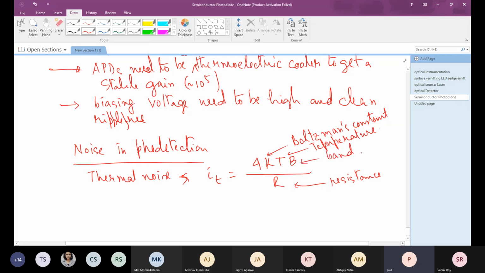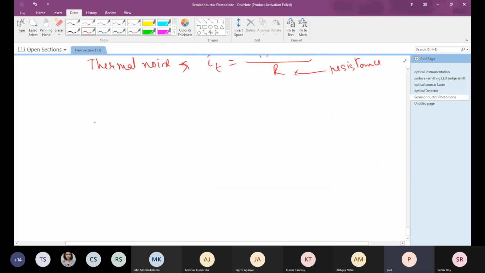More bandwidth means basically the noise will be more. Then there is dark current noise. Dark current noise also depends on bandwidth.